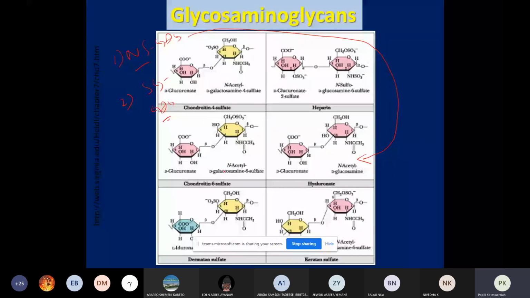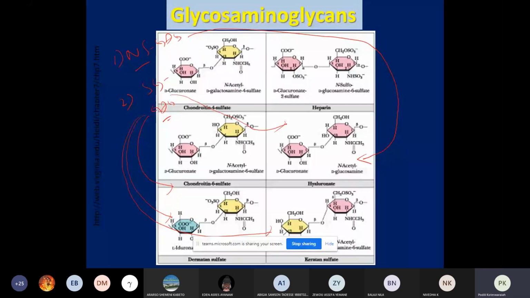Whereas under sulfated glycosaminoglycans, we have chondroitin sulfate, dermatan sulfate, keratan sulfate, and also heparan sulfate. So all these are sulfated glycosaminoglycans.